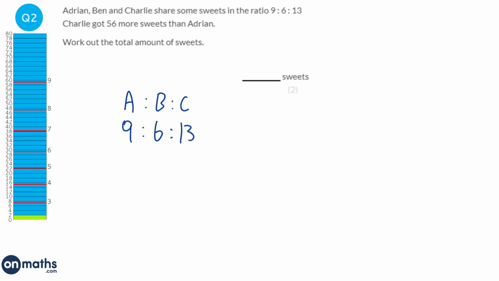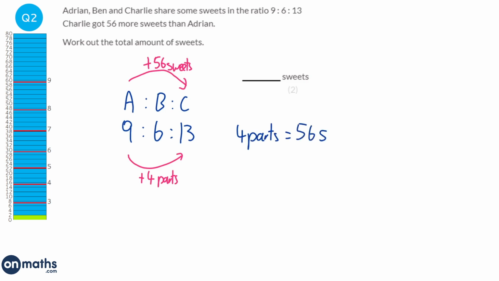So looking at the actual parts of the ratio, there are 4 more parts, so plus 4 parts, which represent plus 56 sweets. So 4 parts are worth 56 sweets. So 1 part would be 56 divided by 4, which is 14 sweets.